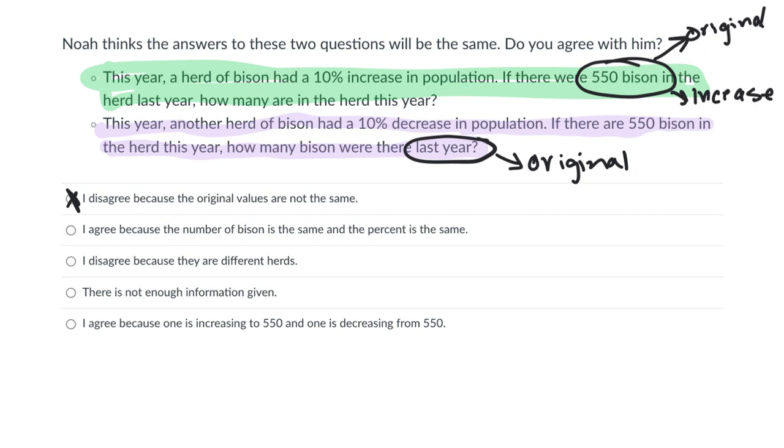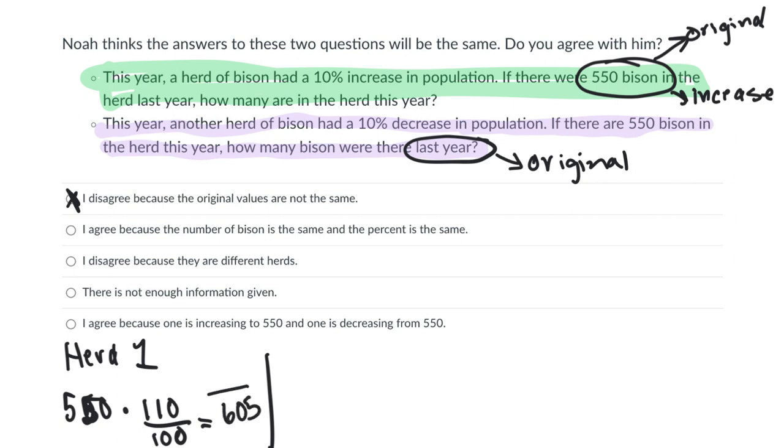And one thing you could do is we could actually calculate this out. So let's look at herd 1. I'm not going to draw the picture because that might take too long, but we have 550 bison in the herd last year, and we have a 10% increase. So we're going to multiply by 110%. And we end up with 605 bison. Herd 2, there's actually going to be some math in here that we haven't quite seen yet, but it's okay.